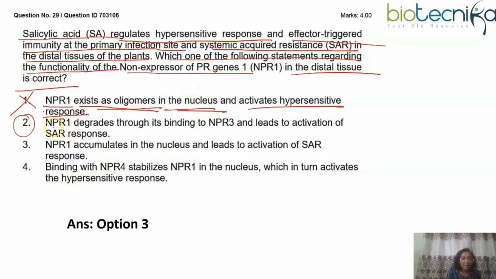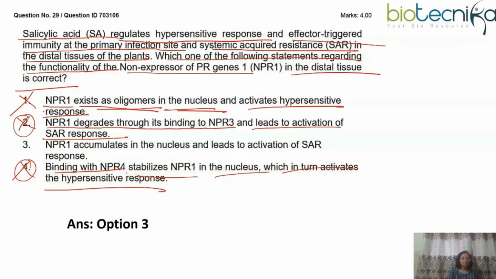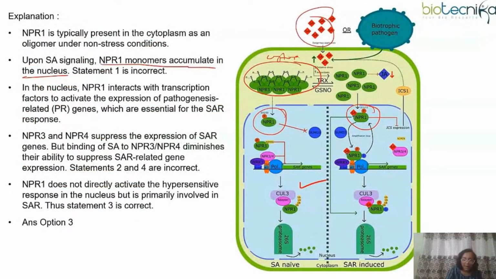Second, NPR1 degrades through its binding to NPR3 and leads to activation of SAR response. This is not true. In fact, even sentence 4 for that matter. Binding with NPR4 stabilizes NPR1 in the nucleus, which in turn activates the hypersensitive response. This is not true. Why?